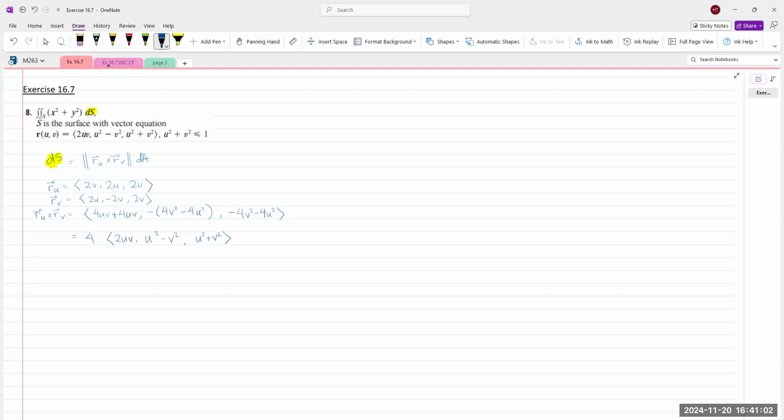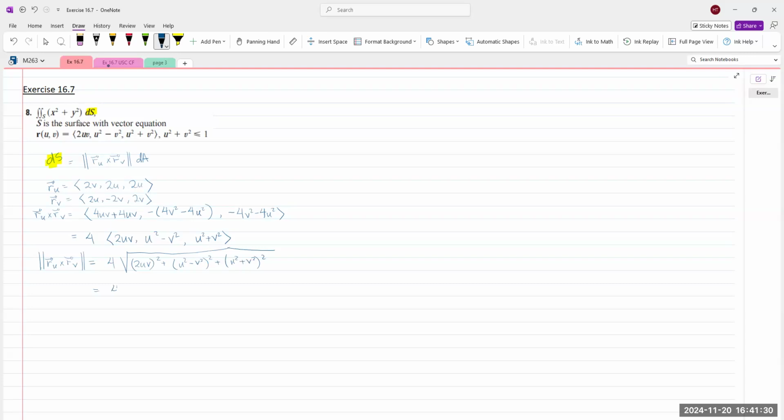So what is the magnitude then? The magnitude of r sub u cross r sub v will be 4 times square root of 2uv squared plus u squared minus v squared plus u squared plus v squared squared.